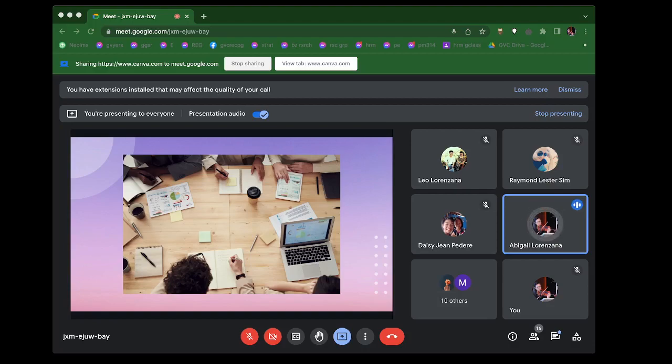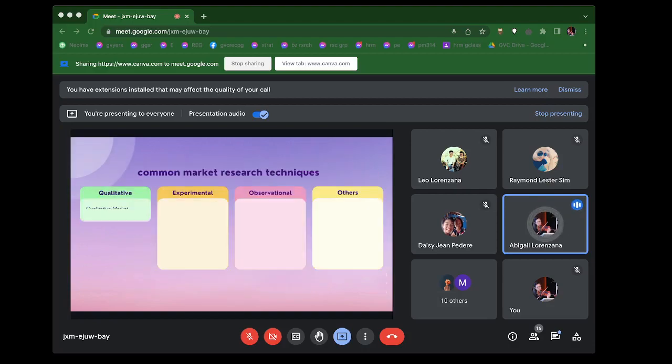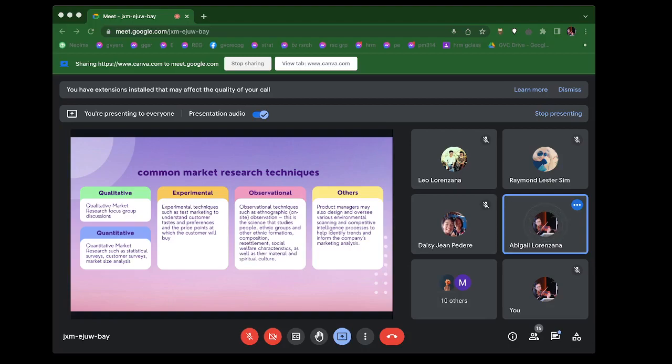And one of the ways to validate it is to do research. Some common techniques to conduct market research are qualitative research, such as focus group discussions, and then quantitative market research such as statistical surveys, customer surveys, market size analysis.